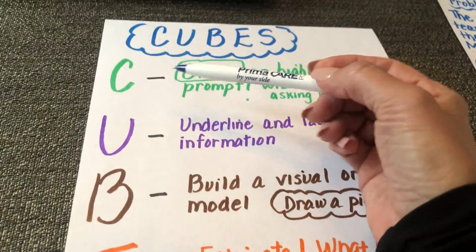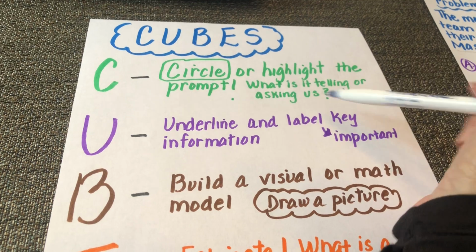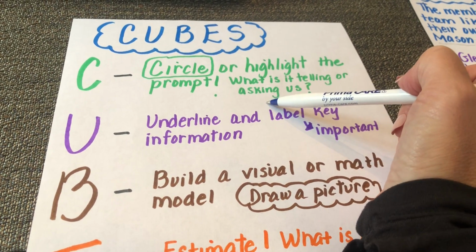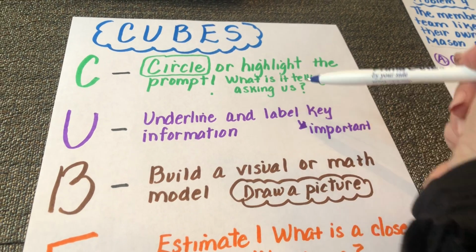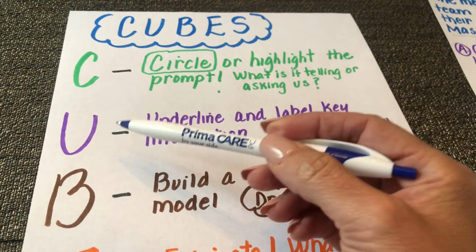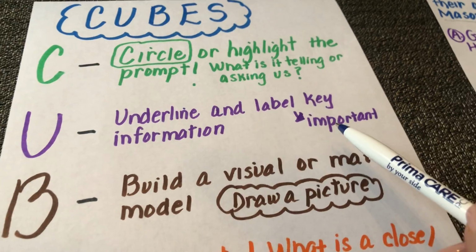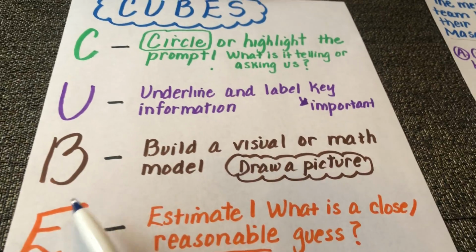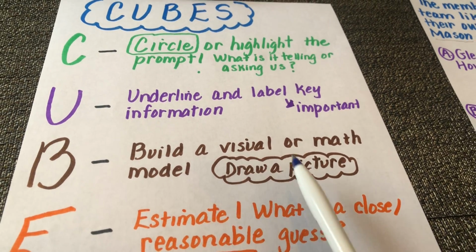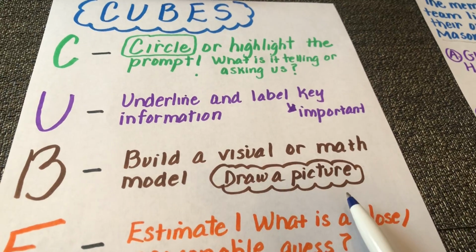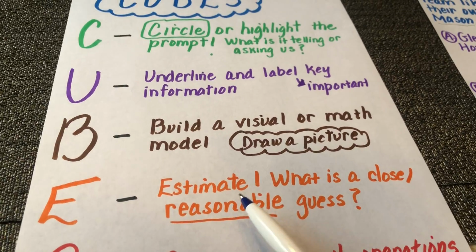The first one is C, for circle or highlight the prompt. What is it telling me or asking me to do? U, underline and label key information, which will help you to answer the question. B, build a visual or math model. Draw a picture if you need to. E, estimate.